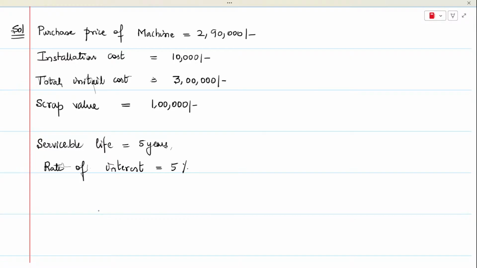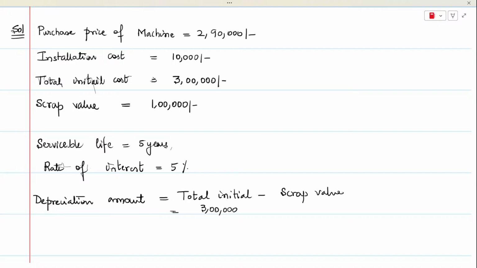Now, first is to calculate depreciation amount. Depreciation amount is equal to total initial cost minus scrap value. So this is the amount which has been lost, that is 3 lakh minus 1 lakh. At the end of 5th year, the scrap value is 1 lakh. So total depreciation amount comes out as 2 lakh rupees.